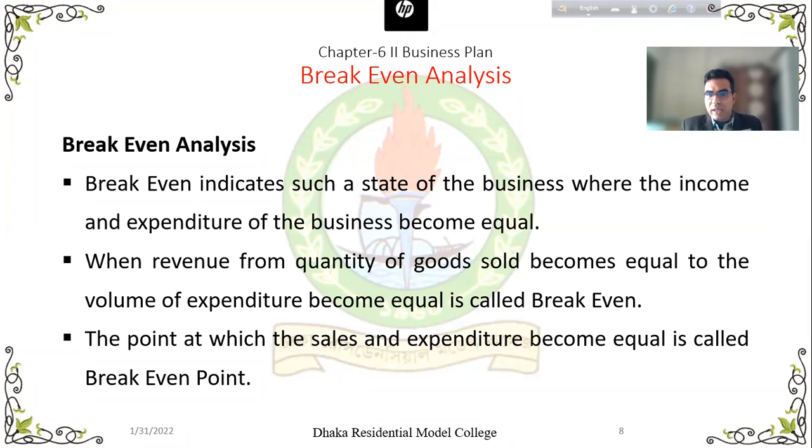And another way, when revenue from the quantity of goods sold becomes equal to the value of the expenditure, it is called break-even. এটা বলছে যে যখন বিক্রিত পণ্য থেকে প্রাপ্ত আয় এই পণ্য উৎপাদনের পেছনে যে ব্যয় হয়েছে সেটার সমান হয়, সেই পরিমাণকে বলা হয় break-even.